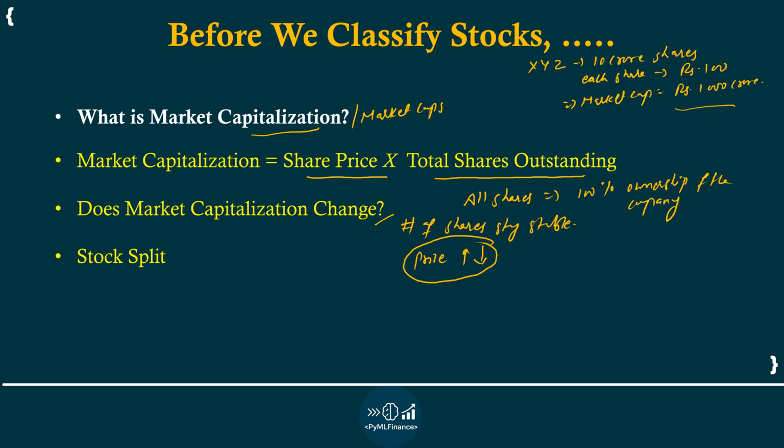Now there is a concept of stock split. If a company does a 2:1 stock split, it means for every one share held, you get two shares. So the shares get doubled and prices are halved.